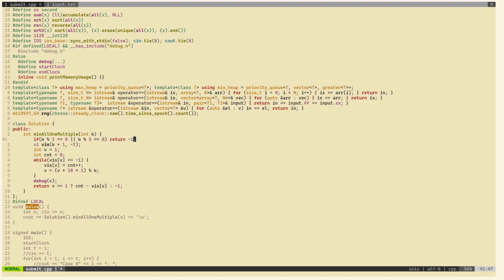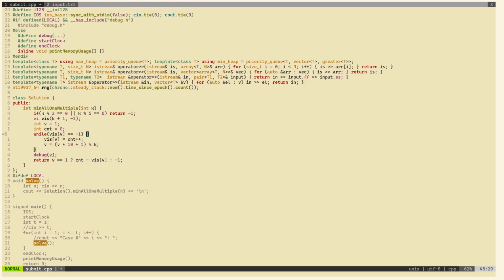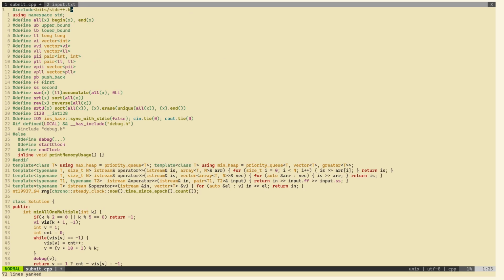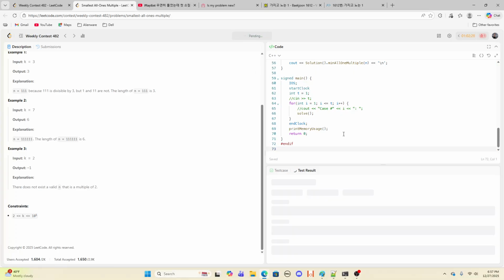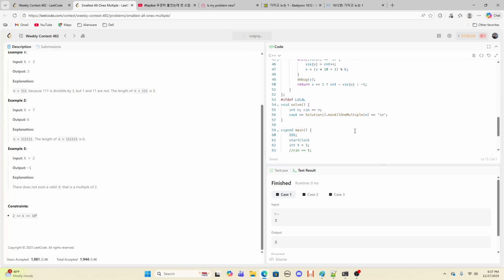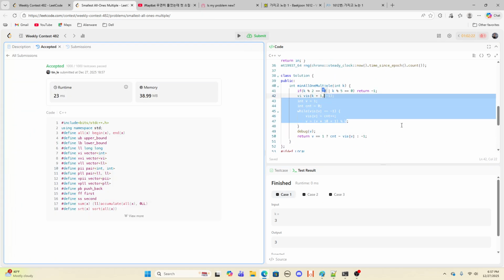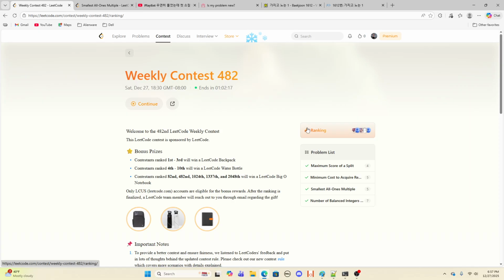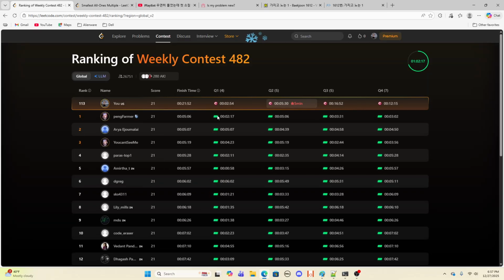Then you just do this loop to figure out when the one appeared again. Yeah, that's it. Overall, it's a pretty easy contest, I guess.